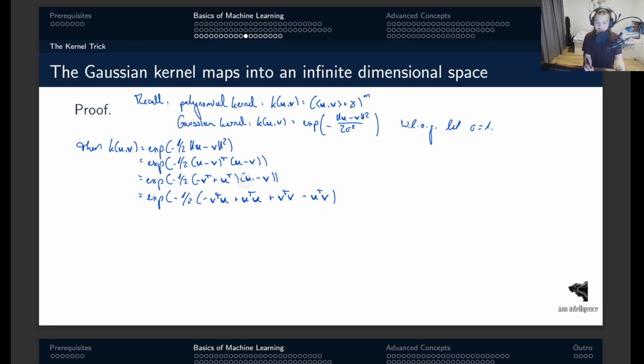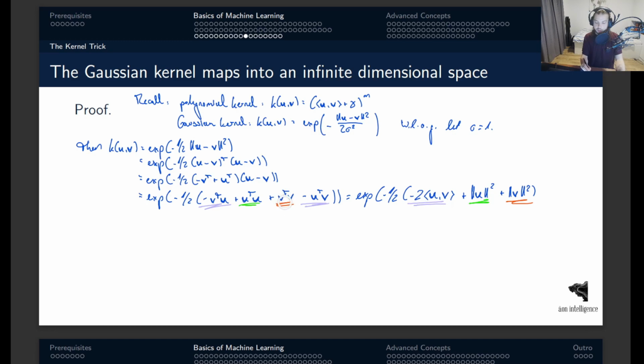If we multiply out all of these expressions, we are left with these terms. And let's recognize that all of these terms are inner products. So we have the negative inner product of u and v, as well as here. So we have -2 times the inner product of u and v. And then we have the inner product of u with itself, so this is the squared norm of u.